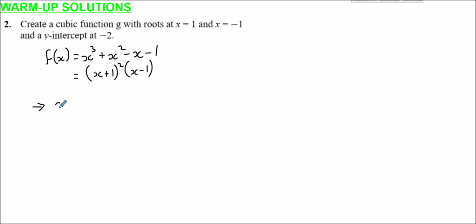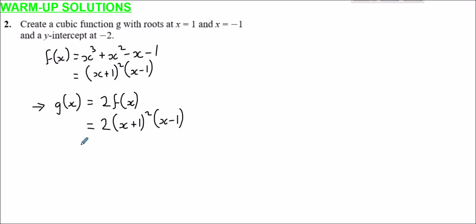So we could say that g of x is the same as 2 lots of f of x, which is 2 lots of x plus 1 squared and x minus 1, which if you wanted to do it in expanded out form, this would be 2x cubed plus 2x squared minus 2x minus 2.